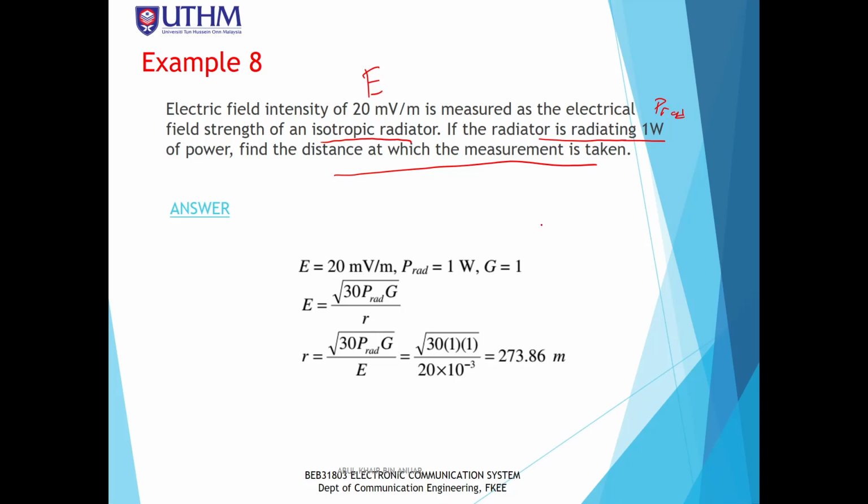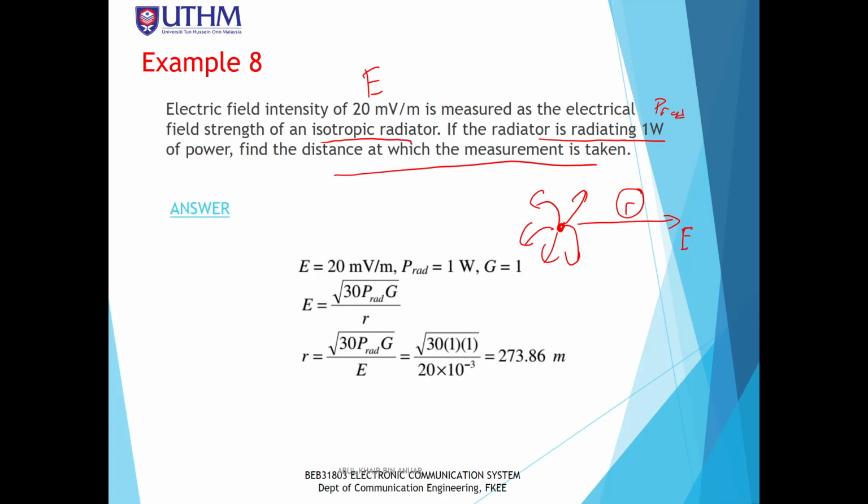So you see that we have the antenna, an isotropic radiator antenna, and at a certain distance, we don't know how much the distance is. When we measure the E field, we find the E field is equal to 20 millivolt per meter. So the question asks how much the distance is.